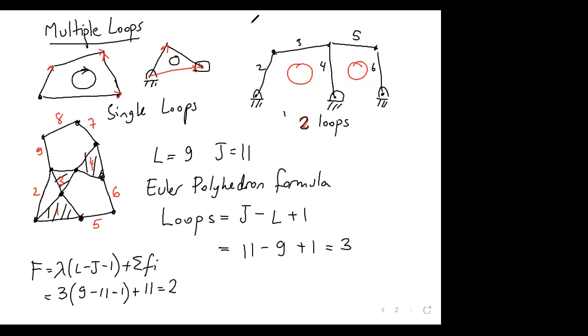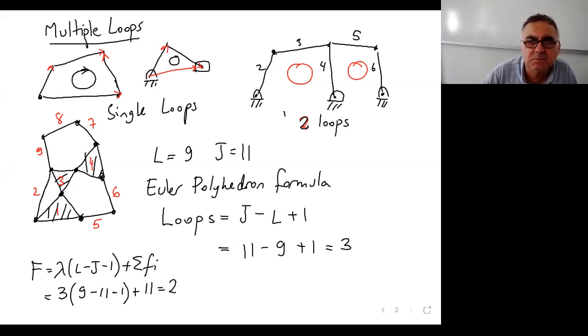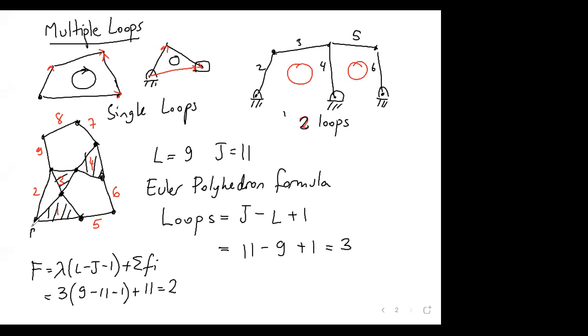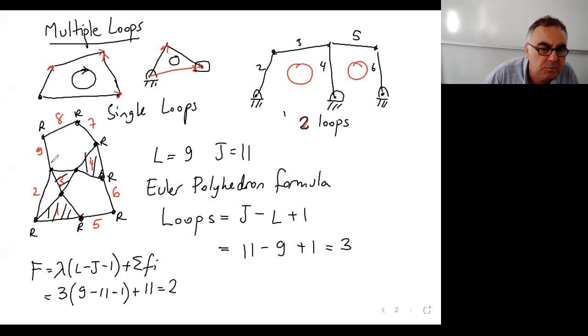Yes, I didn't want to spend time on it, but here you have two revolute joints, so it's 2R, R, R. That's all I think. 1, 2, 3, 4, 5, 6, 7, 8, 9, 10, 11.